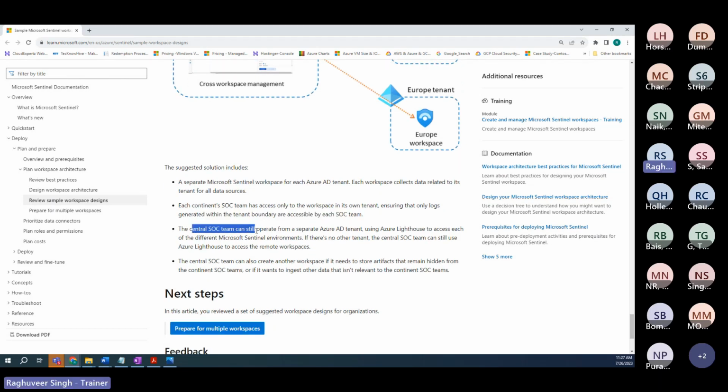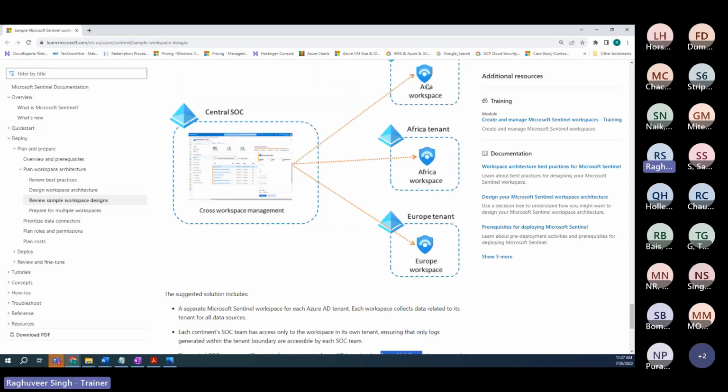The central SOC team can still operate from a separate Azure AD tenant using Azure Lighthouse. Now this is where Lighthouse comes into the picture. This is for the central SOC team. So consider the central SOC team as DXC, who is managing 3 different customers.